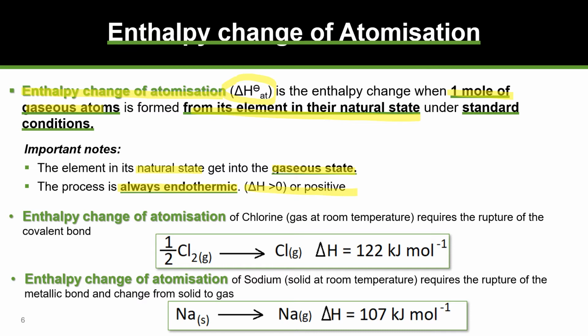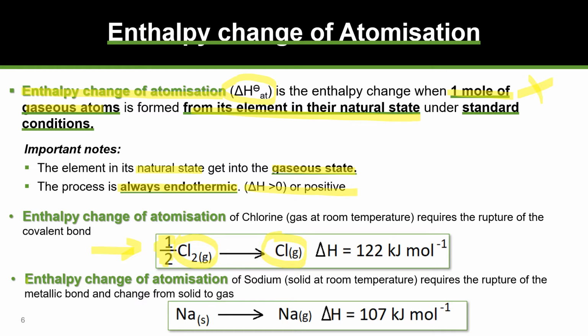When you have an element like chlorine, which is diatomic, the correct formula would be 1/2 of chlorine gas to form 1 mole of atoms. Remember, that is when 1 mole of gaseous atoms is formed. If I don't put 1/2, I'm going to have 2 moles of chlorine atoms instead of 1.